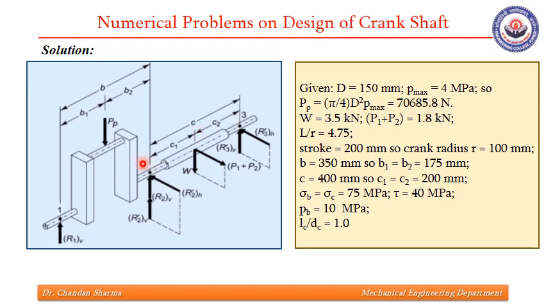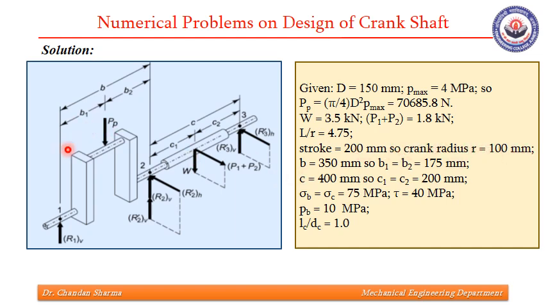Then the weight of flywheel downwards is given to us as 3.5 kilonewtons, and belt tension in the horizontal direction is given to us as 1.8 kilonewton. L by R ratio is 4.75, that is length of rod upon crank radius. Stroke is 200 mm, so crank radius will be half of it, that is 100 mm.